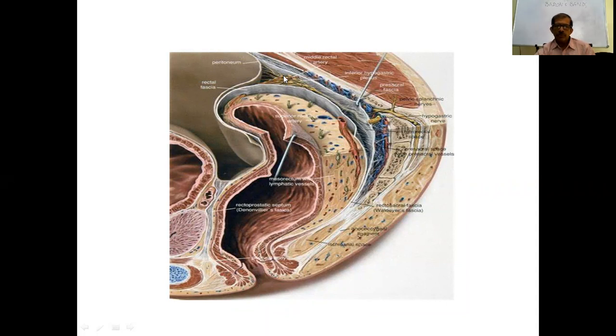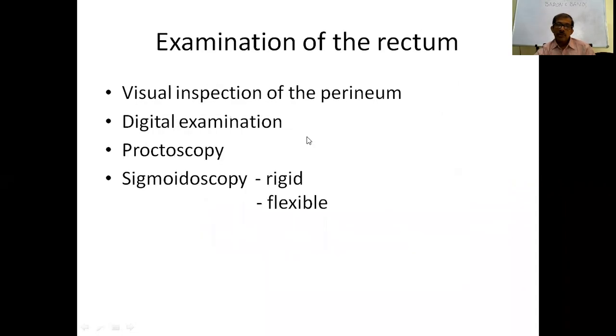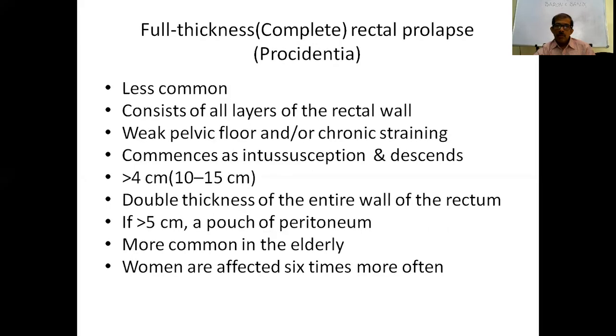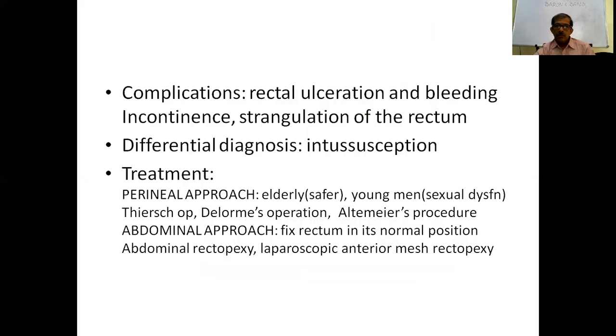If you damage them, the patient may have incontinence of bladder or rectum, and they will also have sexual dysfunction. That is very important. So in young people and in elderly, we will prefer the perineal approach.